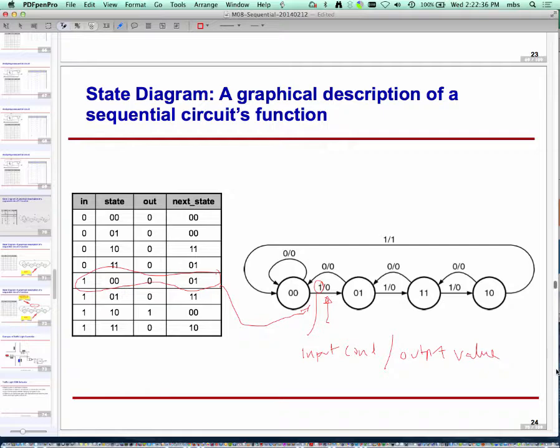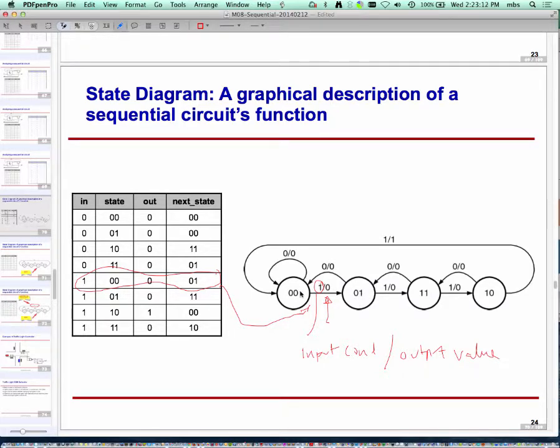I may say, whether input is 0 or 1, just move to a different state, in which case there will be a single edge going out. But at most I can have 2 edges. If I had a k-bit input, then I can have at most 2 to the power k edges going out of a state. But in any realistic system, you would have a lot fewer. So you would see in this particular case that if the input is 1, I'm moving to a state with a numeric value which is 1 higher.